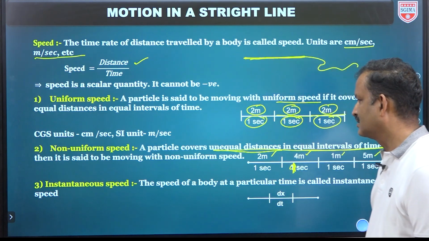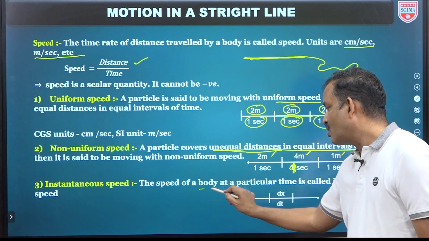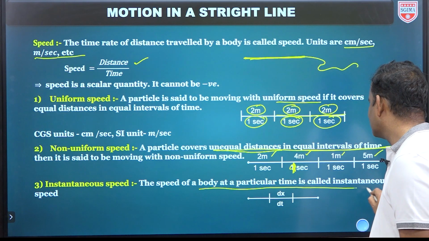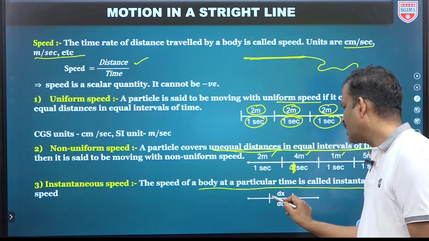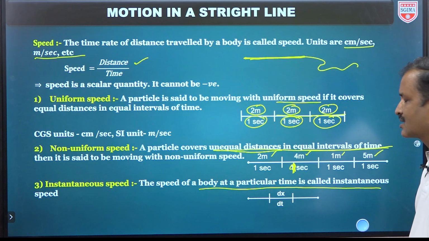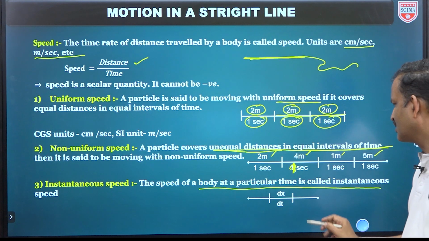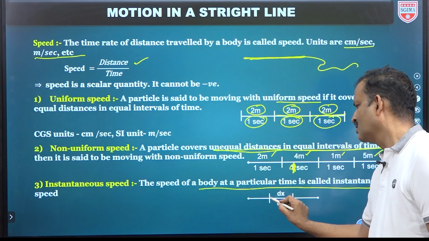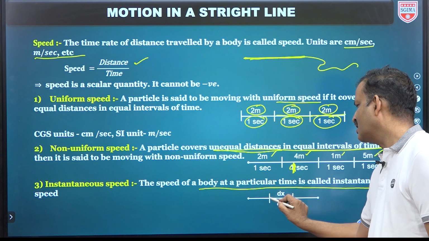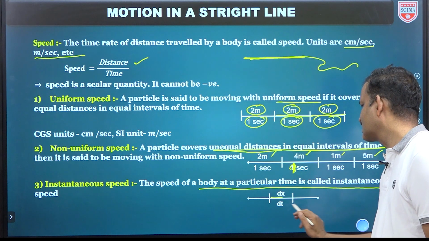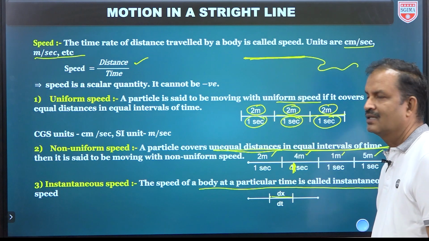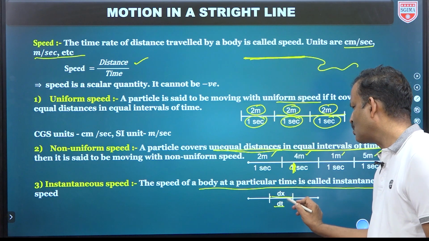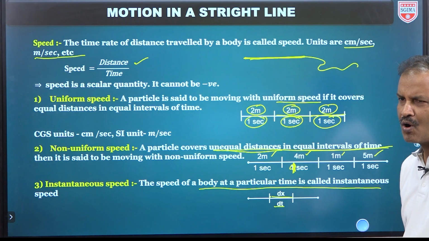Instantaneous speed. The speed of a body at a particular time is called instantaneous speed. A particular time is not possible, so we have to allow it to move a distance dx in time dt. Small dx in small time dt.